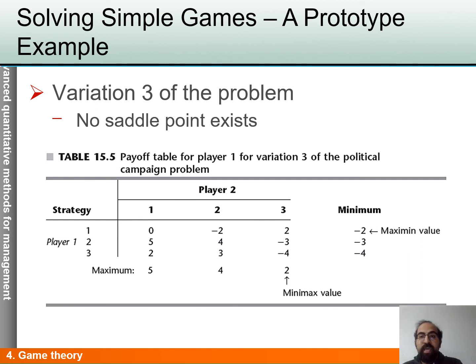Okay, so with this introduction, we enter the next part, which is talking about mixed strategies. As you remember, before we had a pure strategy. What was the pure strategy? Like a saddle point, strategy 2 and 2, strategy 1 and 3, just one point. But a mixed strategy, as I told you in the previous slides, is a situation where with a probability, one strategy, and with another probability, another strategy.